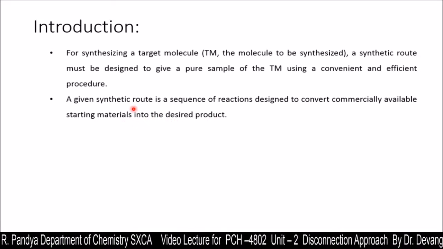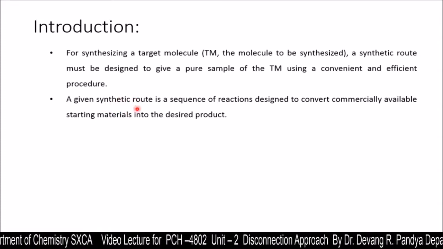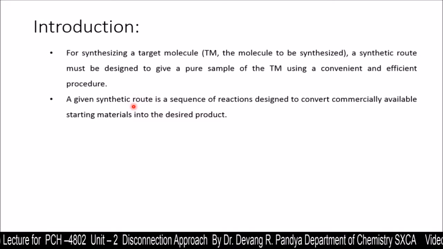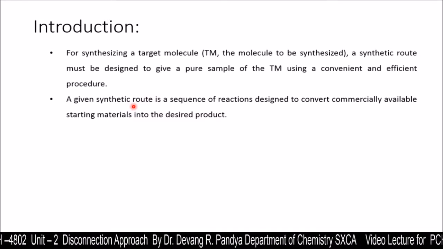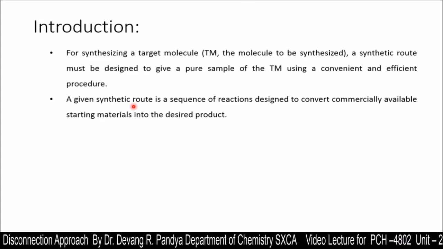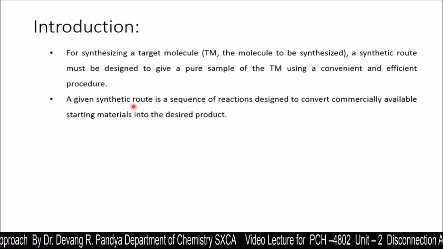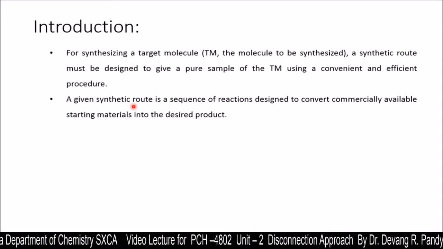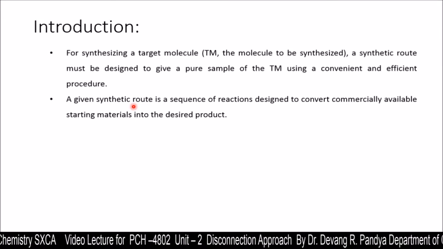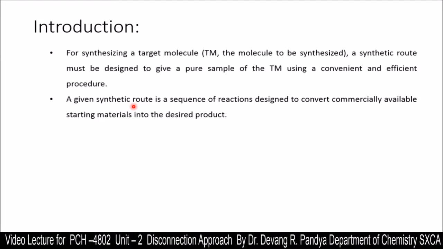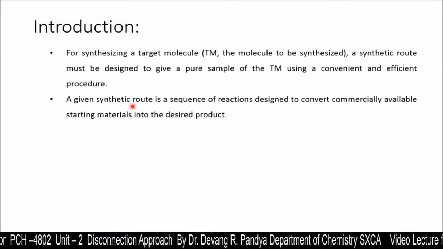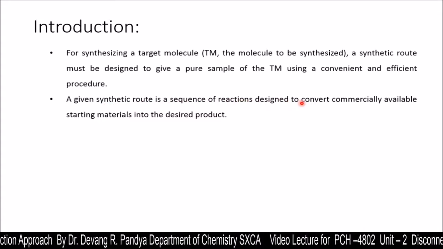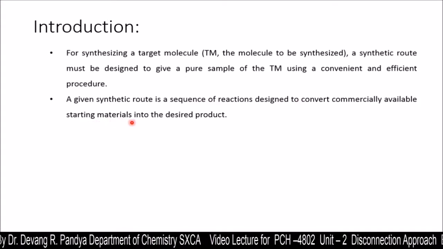Very importantly, when we need to decide the synthetic route, in the initial stages where there is no such approach, people use the trial and error method. In this method, they are wasting chemicals, costly chemicals, polluting the earth, wasting their time, and at the end they are not getting anything. Here, a given synthetic route is a sequence of reactions designed to convert commercially available starting materials into the desired product.